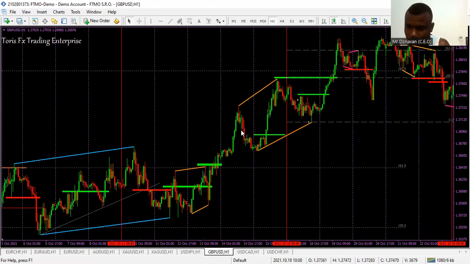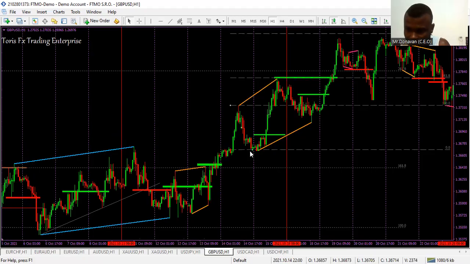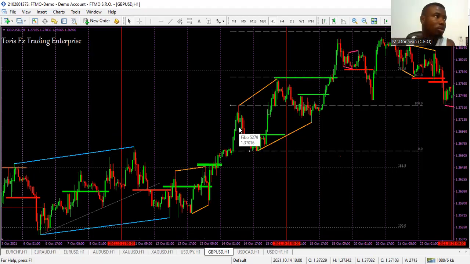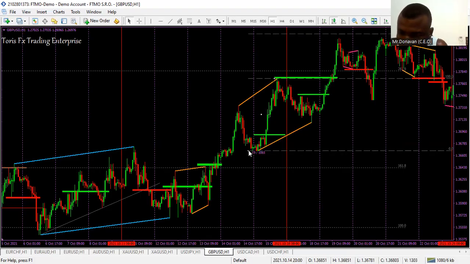Then maybe here. So let's check leaving the 161 of this one. It will be less than the 161, which will be the target point in October. Then taking the target point for this 161, taking the whole pattern. Not close to 161.